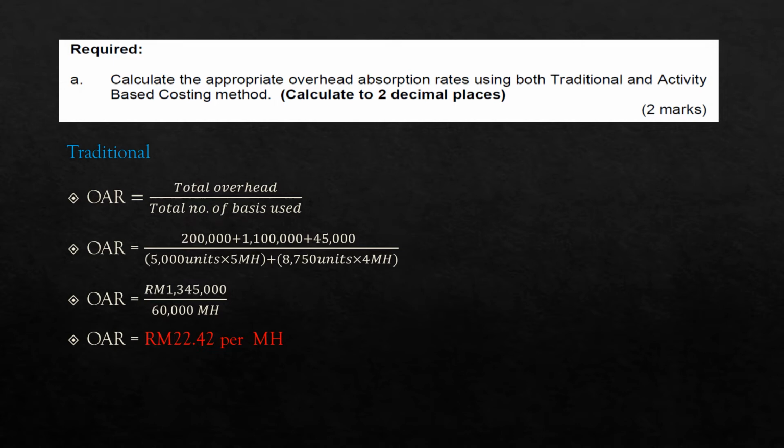So the total estimated overhead is RM 1.345 million, and the total number of basis used is equal to 60,000 machine hours. And the OAR is equal to RM 22.42 per machine hour, that is 1.345 million divided by 60,000 machine hours.